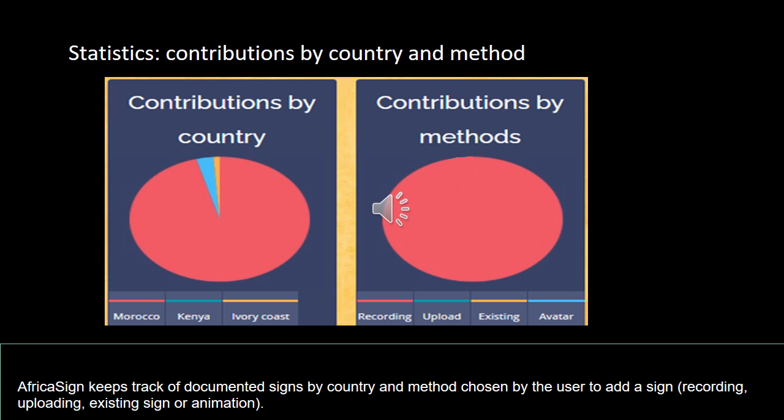You can also see on the right-hand side the contribution by methods. So far most people have chosen videotaping, that is, the recording of the sign.